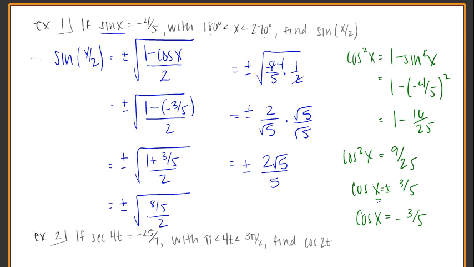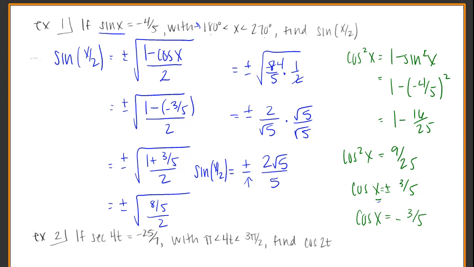Now, that right there is what sine of x over 2 equals. But is it the plus or is it the minus? How do we find that out? Let's go up to the original part of the problem. It says here that x is between 180 and 270. But the angle they're asking us to find is x over 2.